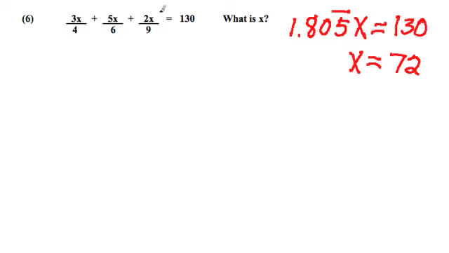If you want to solve this algebraically, you want to multiply both sides by what will get rid of the denominators. And if you think in terms of prime numbers, to get rid of the 4, you need 2 2s. To get rid of the 6, you need a 2 and a 3. To get rid of the 9, you need 2 3s. And if you multiply those together, you get 36.